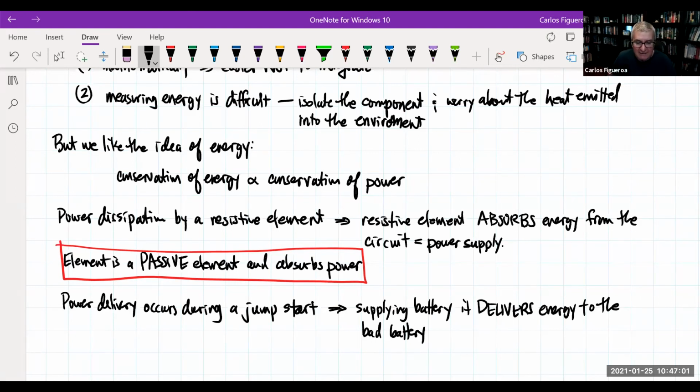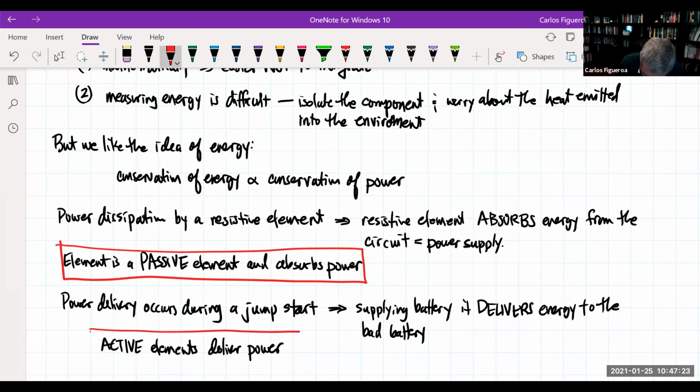So what we say here is active elements deliver power. And that's the two classes of elements that we have here.